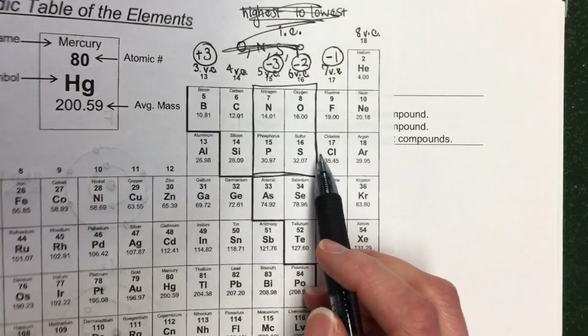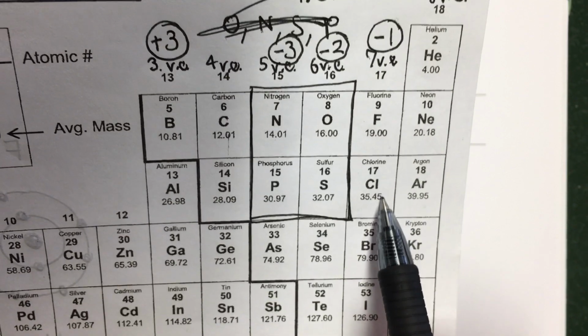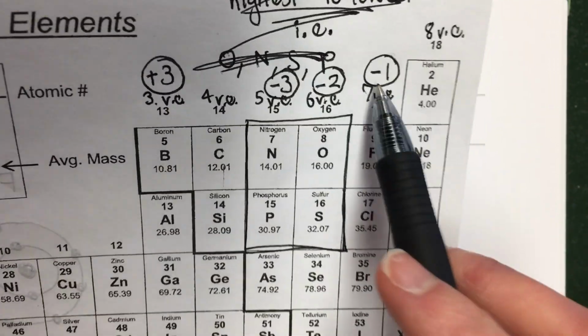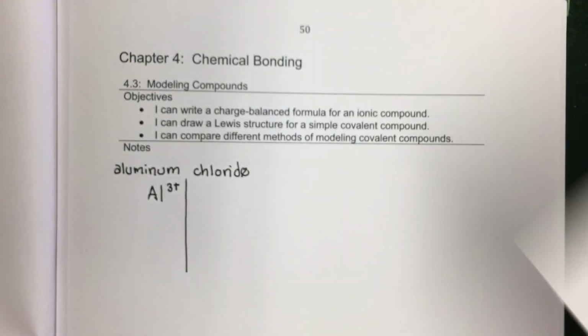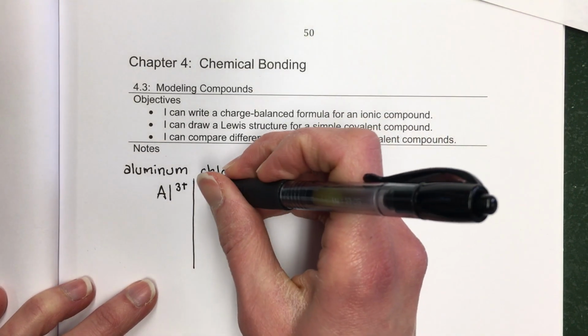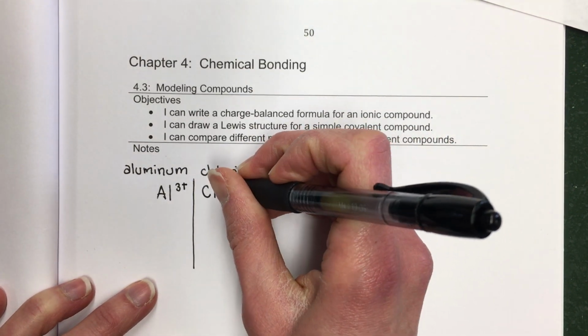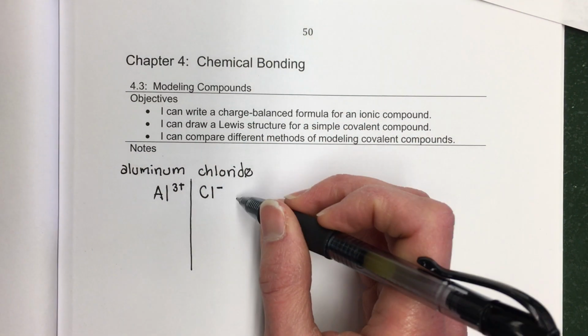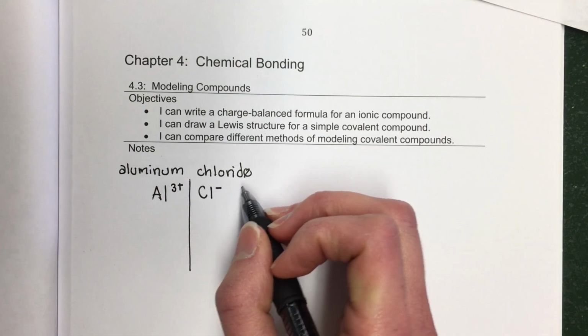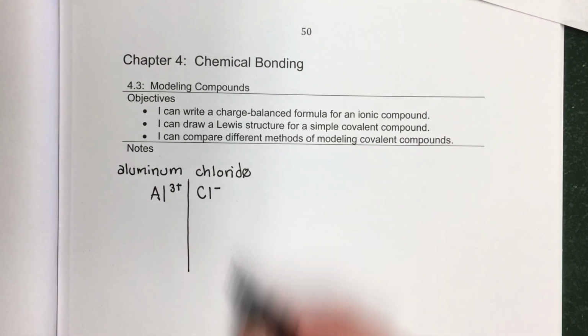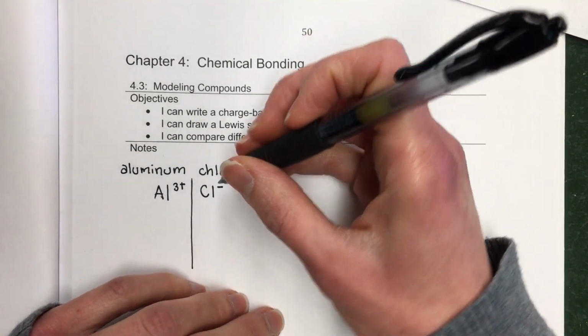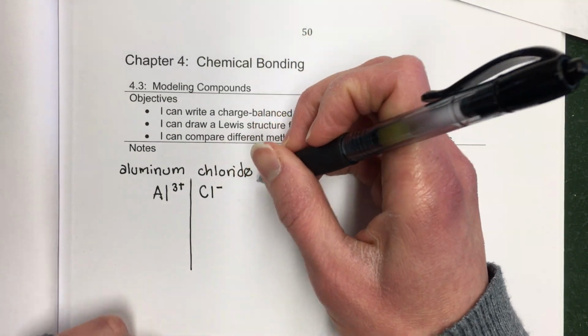We just change the ending to "ide" when it becomes an ion. So you're going to look for chlorine, which has become chloride because it's become a -1. So we're going to write down Cl-. You don't really need to write the 1. If you just write a negative or a positive, we assume it's a 1. So usually when people write ions, they don't write 1-, they just write minus.